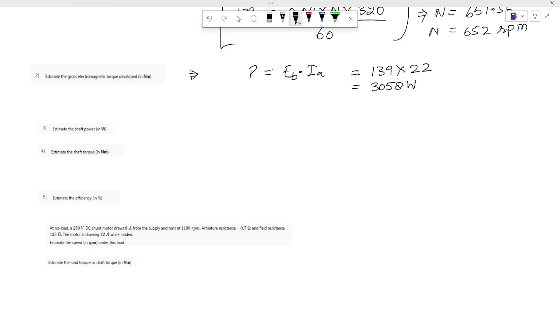Okay. So what will be the gross torque? Let me call it TG. It will be P by omega. P is 3058. Omega is 2 pi into 652 by 60.